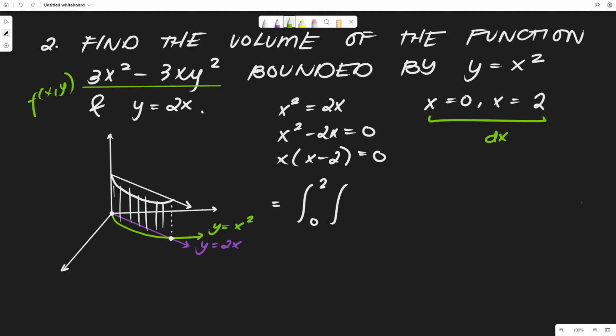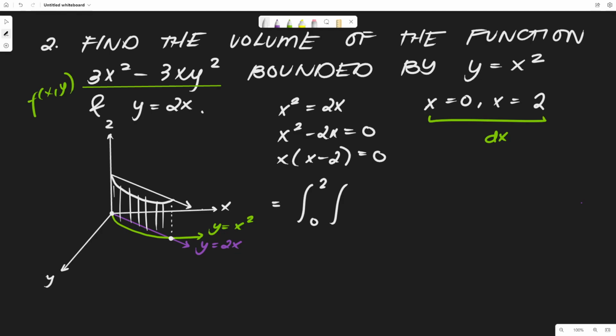So instead of number limits, I will put the curves themselves. Now, which comes first? Sorry, my orientation is actually here: y, x, then z.